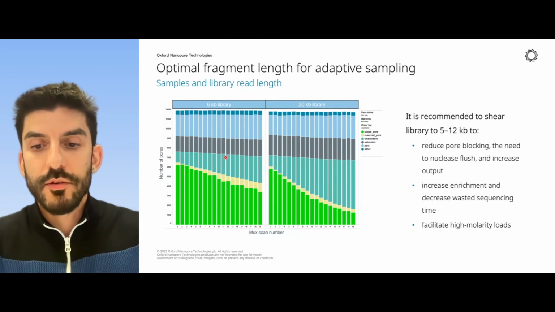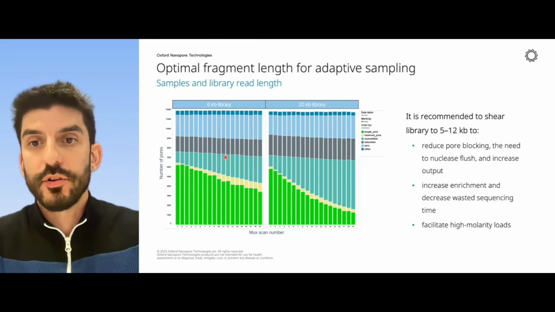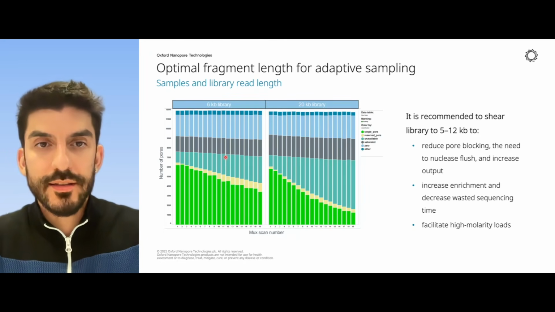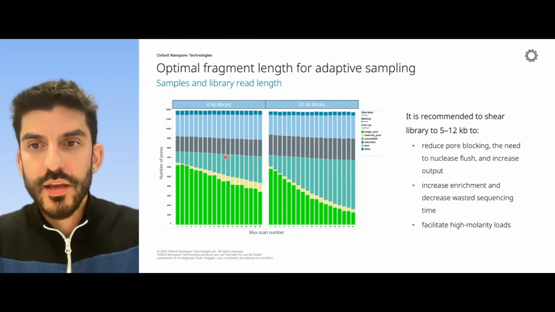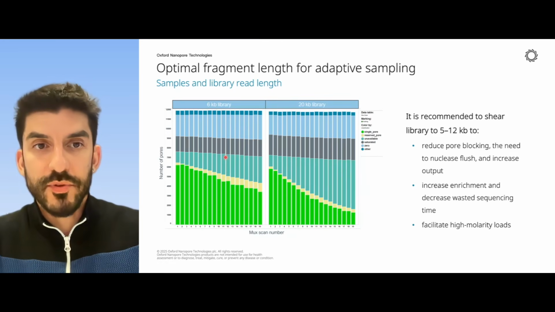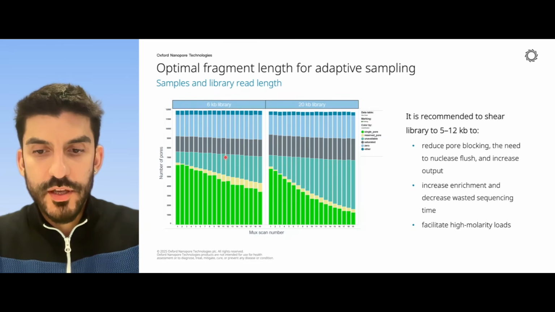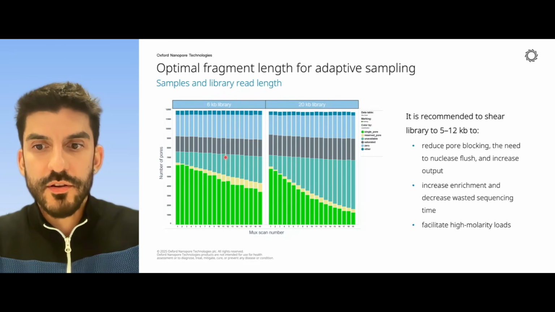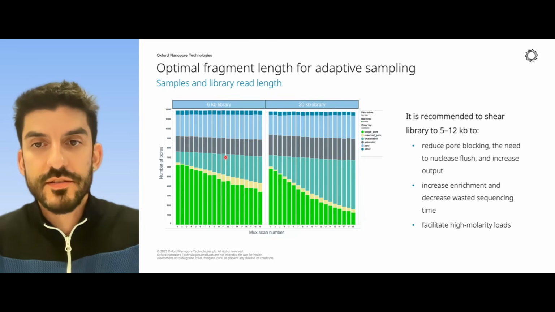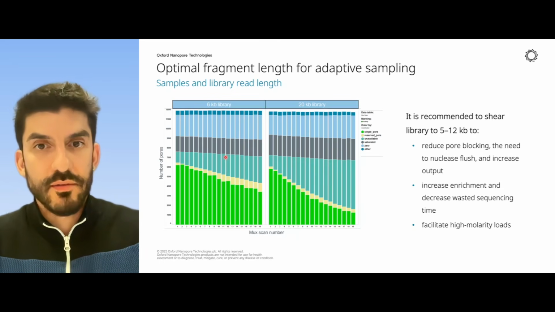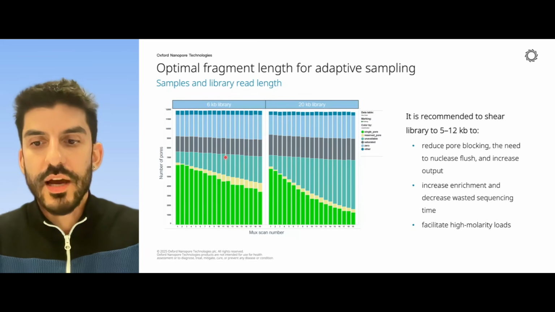It will keep your flow cell healthier and alive for longer, allowing you to collect more data on target. This also avoids more frequent flushes. And thinking back to our targeting approach, if your targets are not very big, having a bigger library could, on top of all of this, be wasting sequencing time by having strands that are much larger than the single targets described in the bed file.